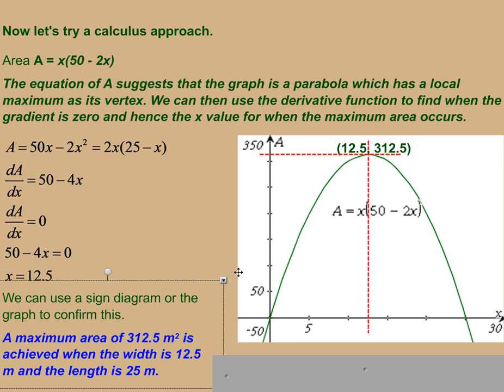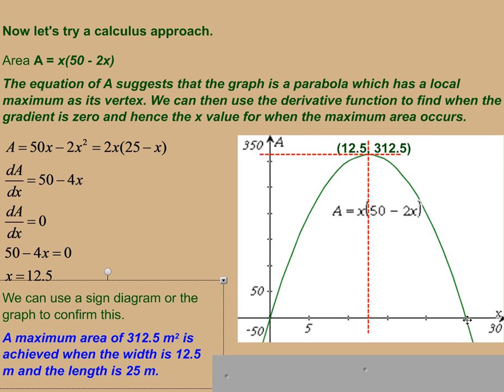If you look at the equation of the graph, it tells us we could have worked this out without using calculus, because factored it's 2x times 25 minus x. So when you find the horizontal intercept, when A is 0, that gives you 0, which is this point here, and x equal to 25 over there.